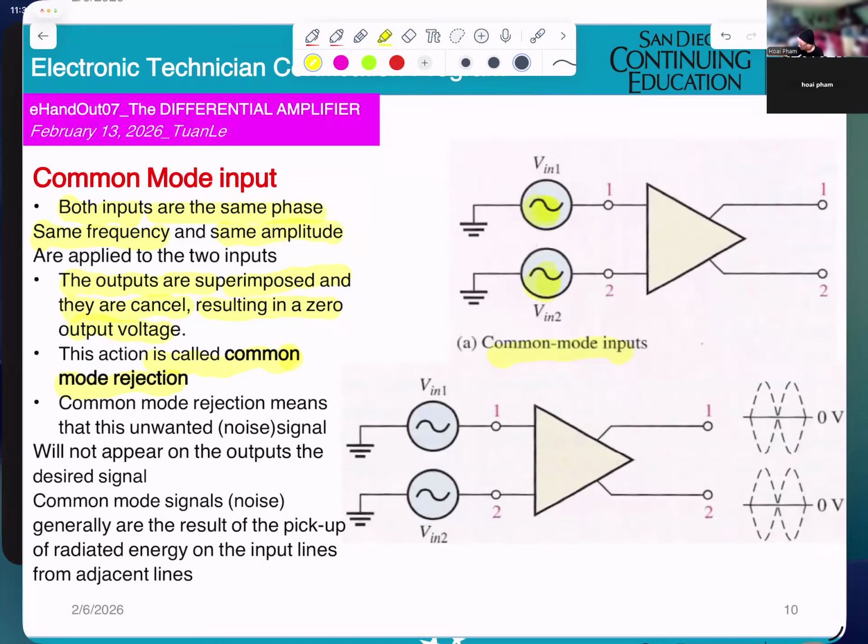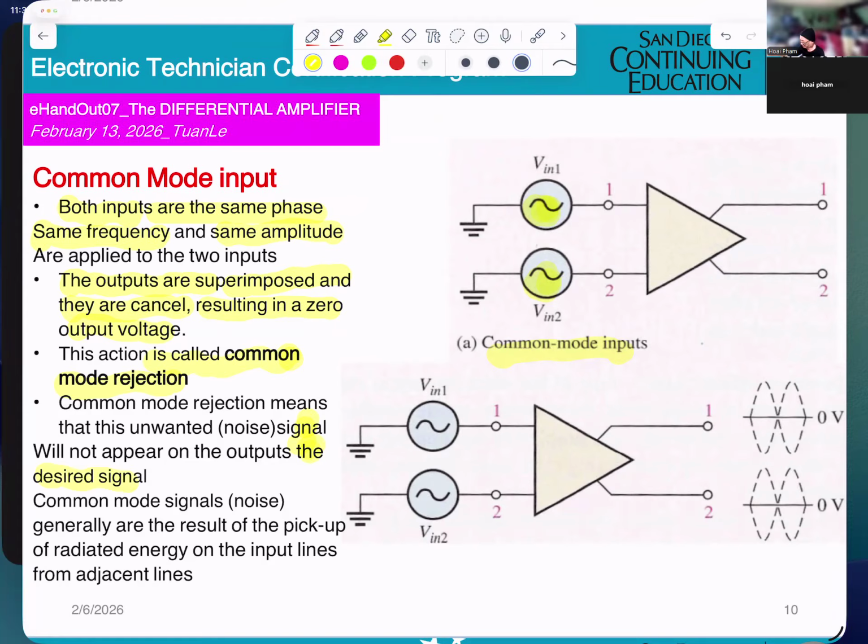Common mode rejection means that this unwanted noise signal will not appear on the output, the desired signal.